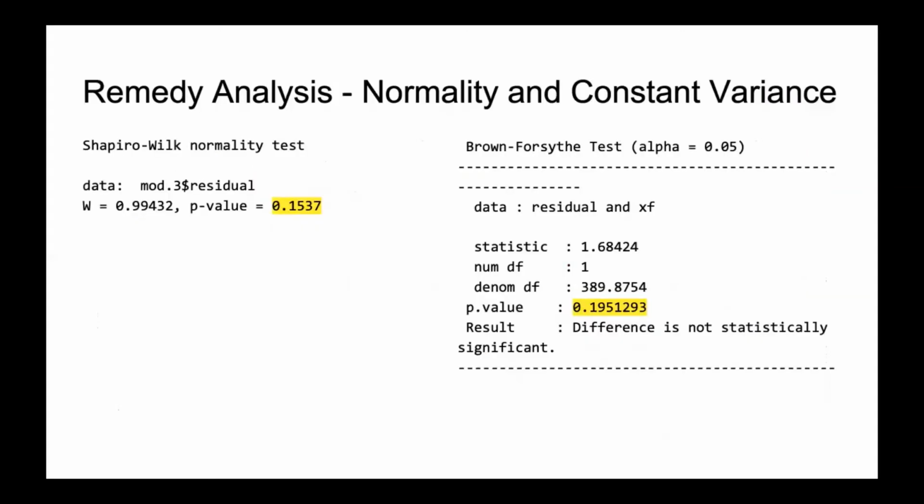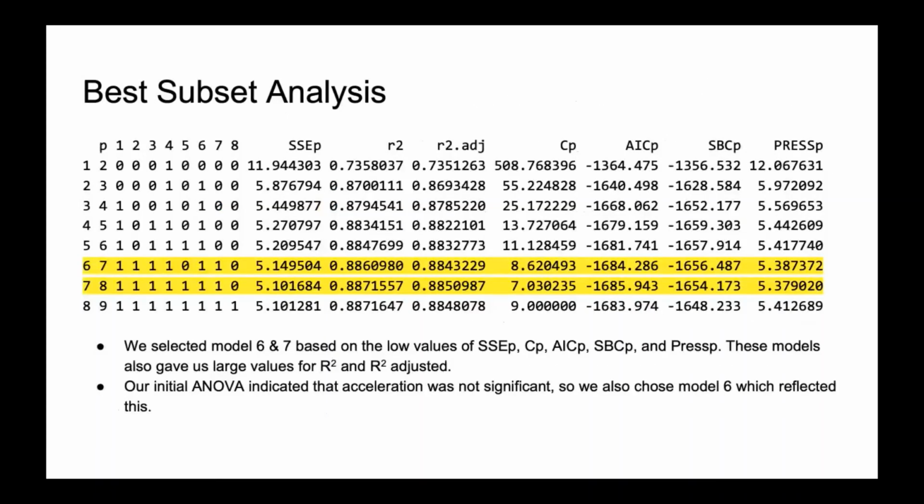Following our transformations, we once again performed the Shapiro-Wilk normality test and Brown-Forsythe test, which both confirmed that our transformations had corrected the problems we found in the assumptions for the model. So next, we conducted a subset analysis. We plugged all our information into R, and this is what came out.